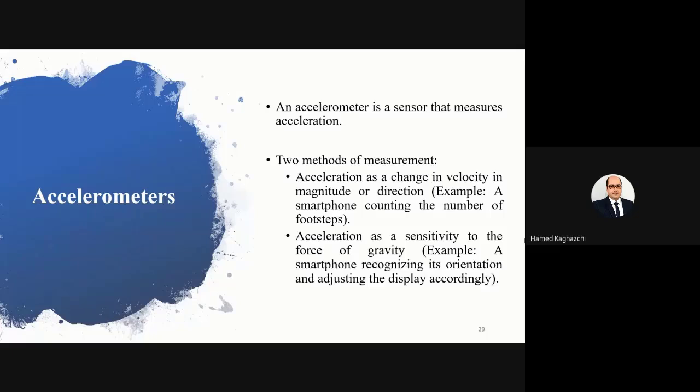We can say that an accelerometer is a sensor that measures acceleration. So we have two different methods for measuring acceleration. We can say that acceleration is an abrupt change in direction. So in the case of a smartphone, it can be used for counting your footsteps.